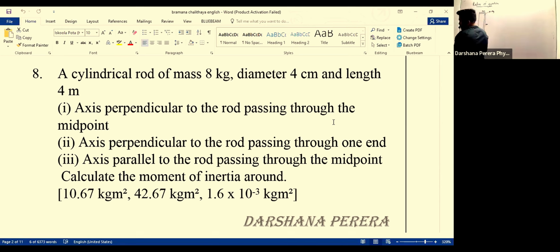Okay. Number 1, axis perpendicular to the rod passing through the midpoint. Second, axis perpendicular to the rod passing through one end.